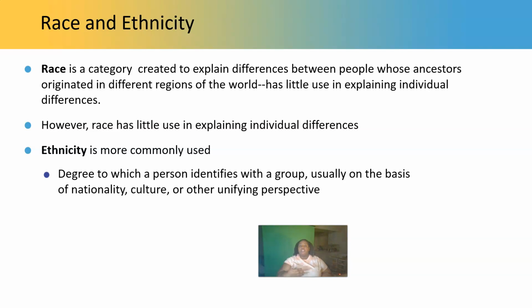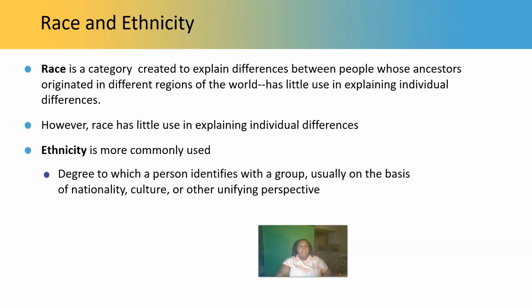Ethnicity, if you're talking about intercultural communication, might give you a deeper picture about the person or the culture, not just based on race. So ethnicity is the degree to which a person identifies with a group on the basis of nationality, culture, or another unifying perspective.